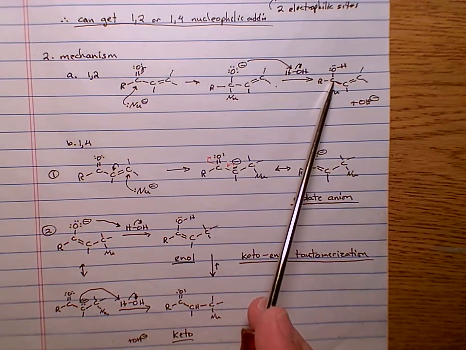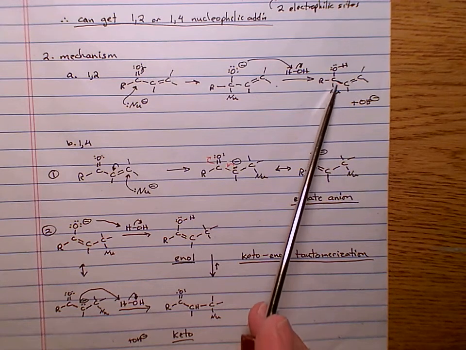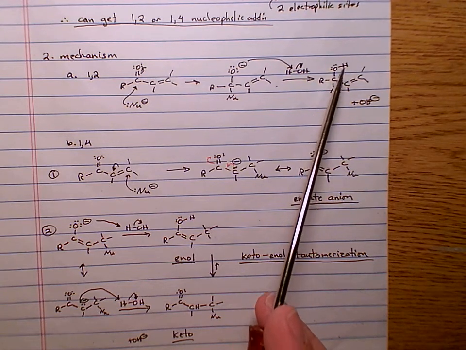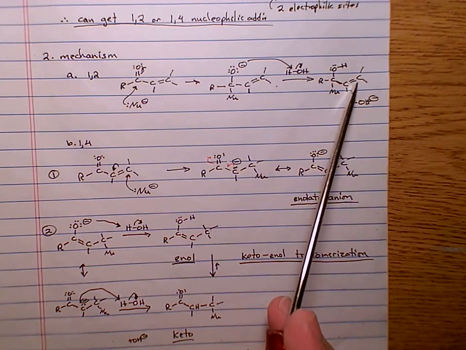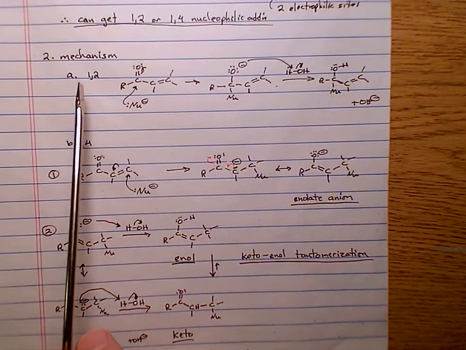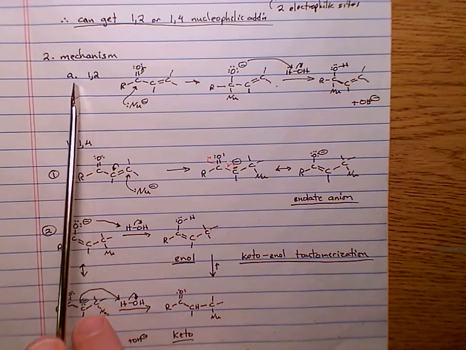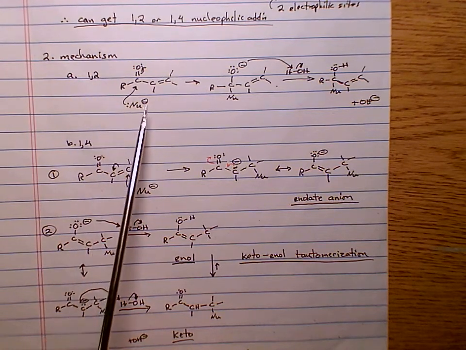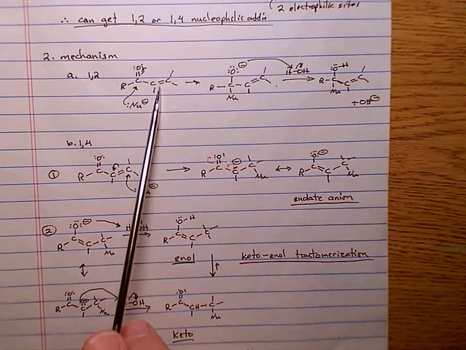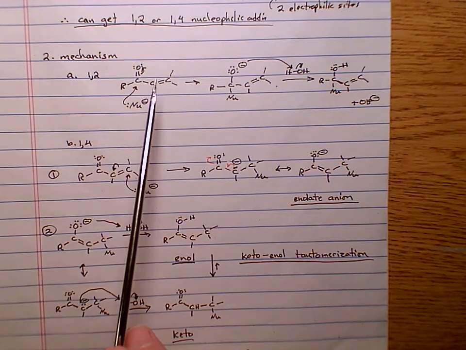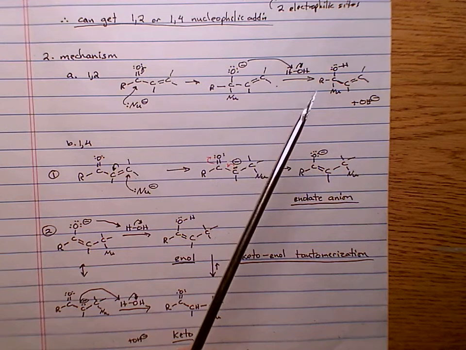So our nucleophile goes on the carbonyl carbon. The oxygen of the carbonyl becomes an alcohol. We keep the double bond where it is. When 1,2 attack occurs, this is 1,2 addition, and the nucleophile attacks the carbonyl carbon, the double bond of the alpha beta unsaturated carbonyl compound stays put, does not change.